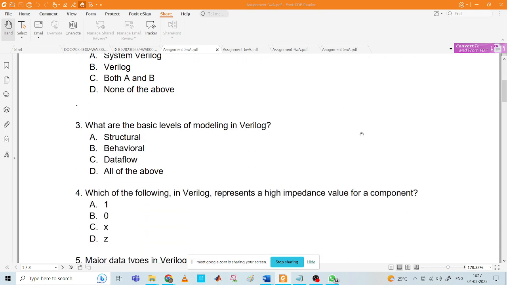If anyone is not able to answer, if not able to understand, please do stop me and ask me. Question number 3. What are the basic levels of modeling in Verilog? And can anyone give me an example? All of them. Can you give me an example of structural Verilog?